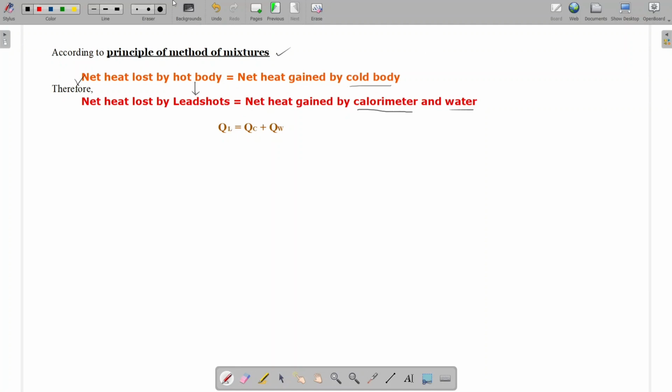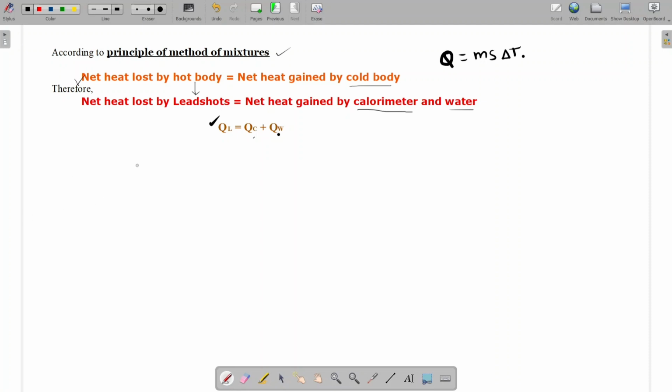We know the formula for heat gain or heat loss is Q is equal to m s delta T. Here the lead shots are losing heat energy, whereas the calorimeter and water are gaining heat energy. So we transform this equation using this formula.